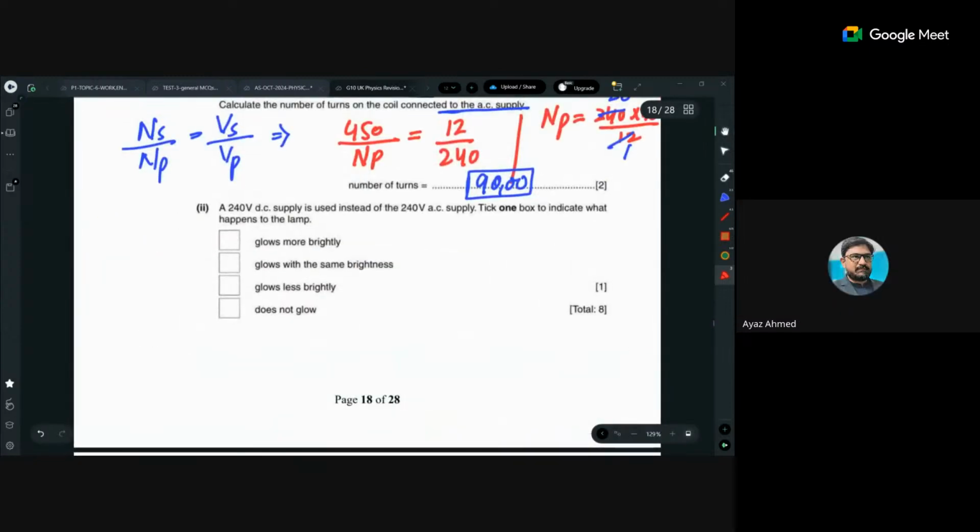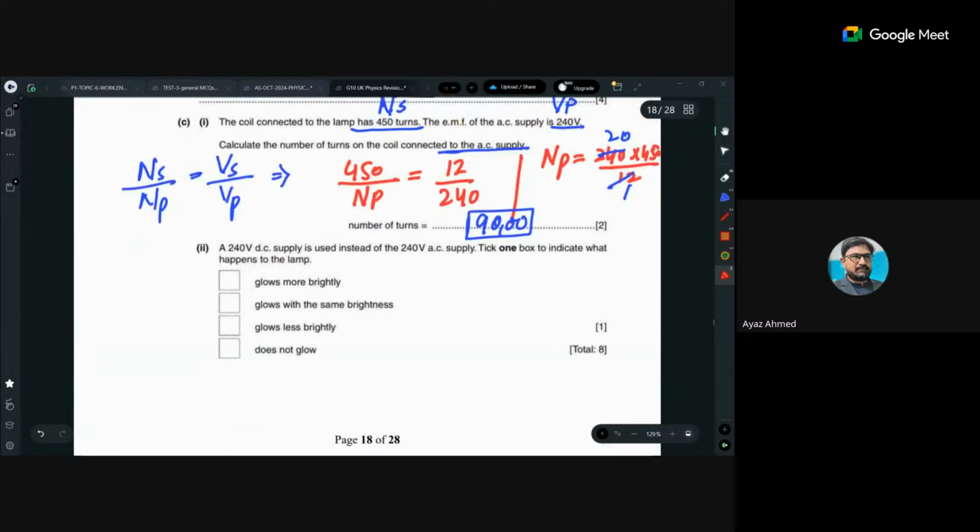So the last part, then: a 240 DC supply is used instead of a 240 AC supply. Tick one box that indicates what will happen to the lamp. As I told you, a variable magnetic field is required. For the working of a transformer, we need a variable power supply. So DC will not work. This is incorrect, this is incorrect, this is incorrect.